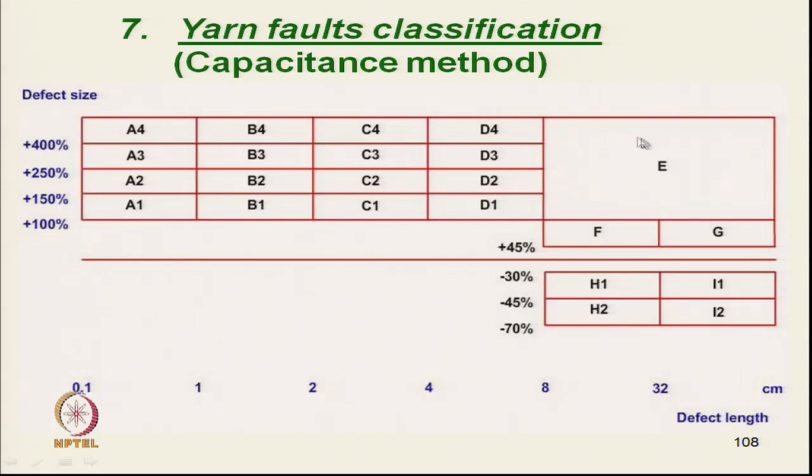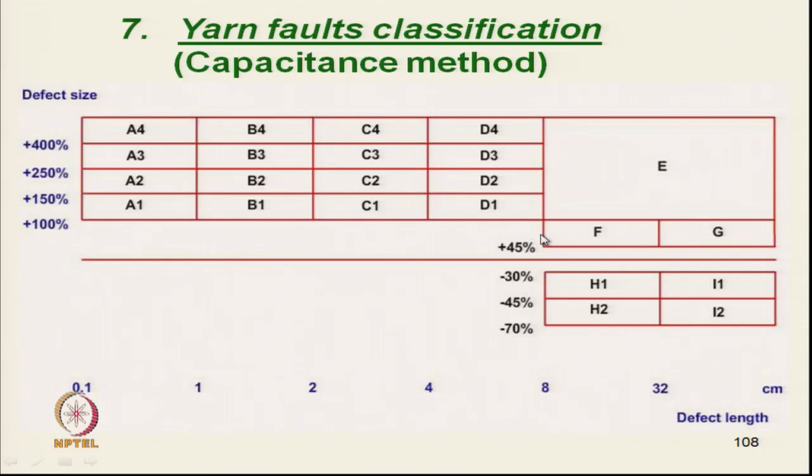And E is called a long slab. Here the length is 8 and above. So, a very long slab is a highly objectionable fault. F and G are long thick faults, but they are not that thick in terms of mass per unit length.